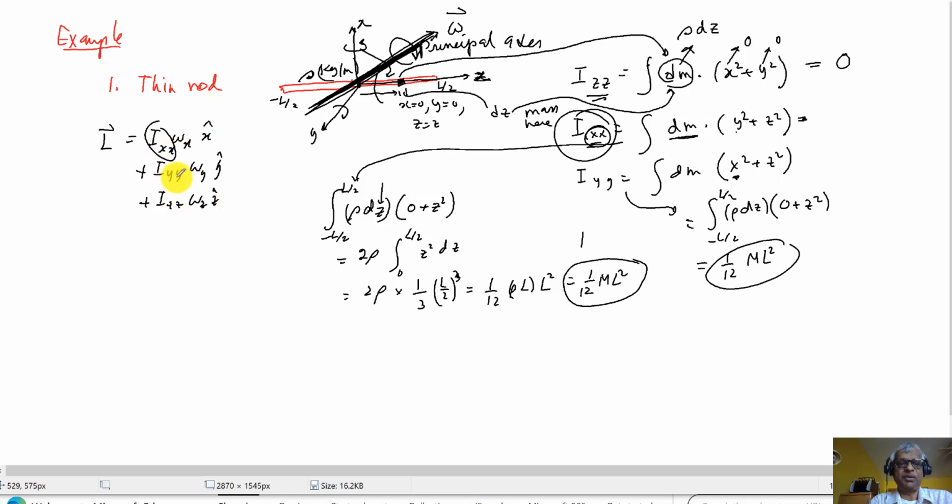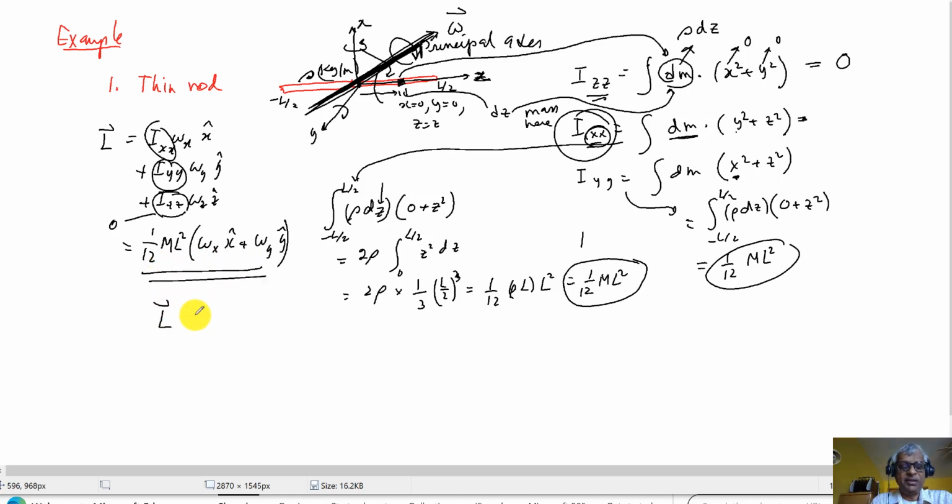Because we found them, I can study rotation about any arbitrary direction very easily. So this is 1/12 m L squared times omega x x hat plus omega y y hat, because this is 0 for a thin rod. So you can see that this may be an arbitrary direction, but L is in this direction. So L is not necessarily parallel to omega if I rotate about an arbitrary direction.